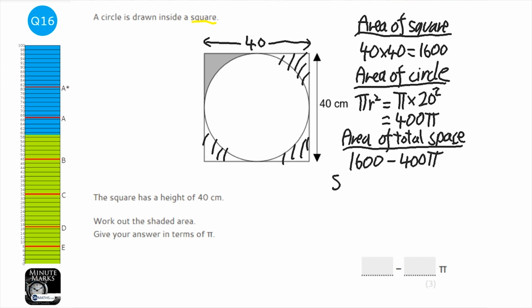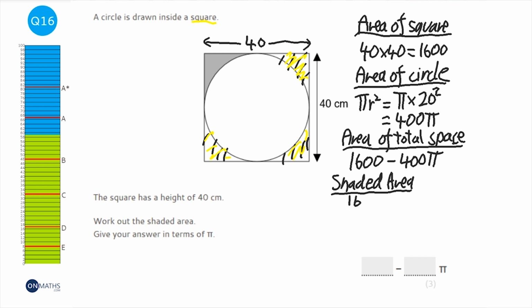Okay, so now we need the shaded area. And to do this, we simply divide the area of the total space by 4, because the yellow bits here we don't want, and each of these 4 corners are the same area, we just divide it by 4.